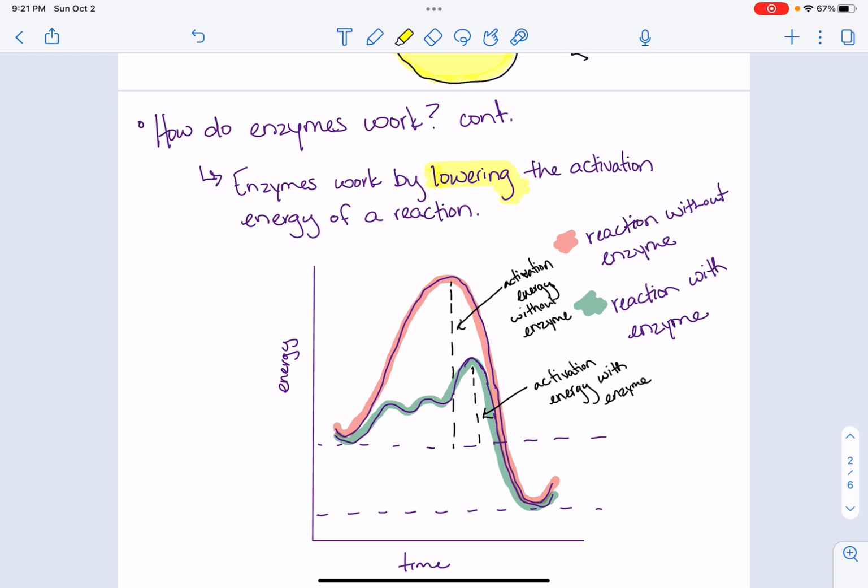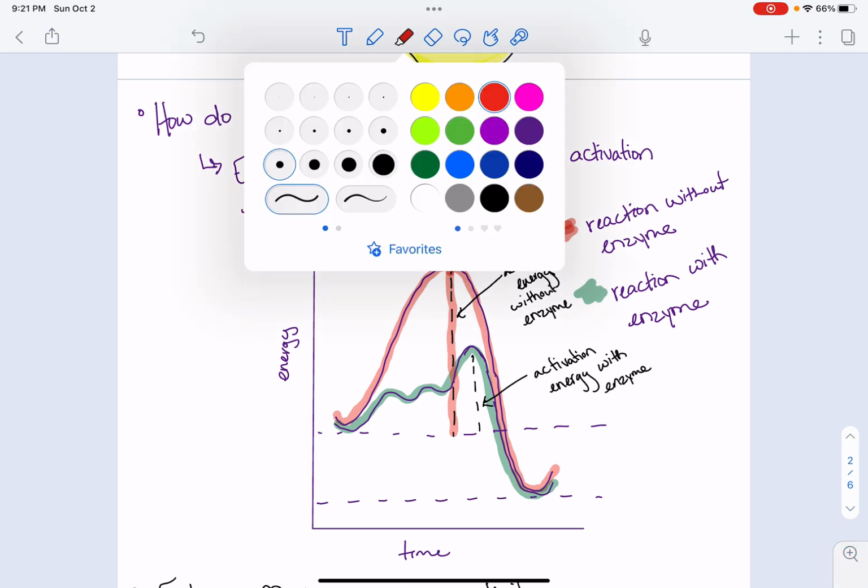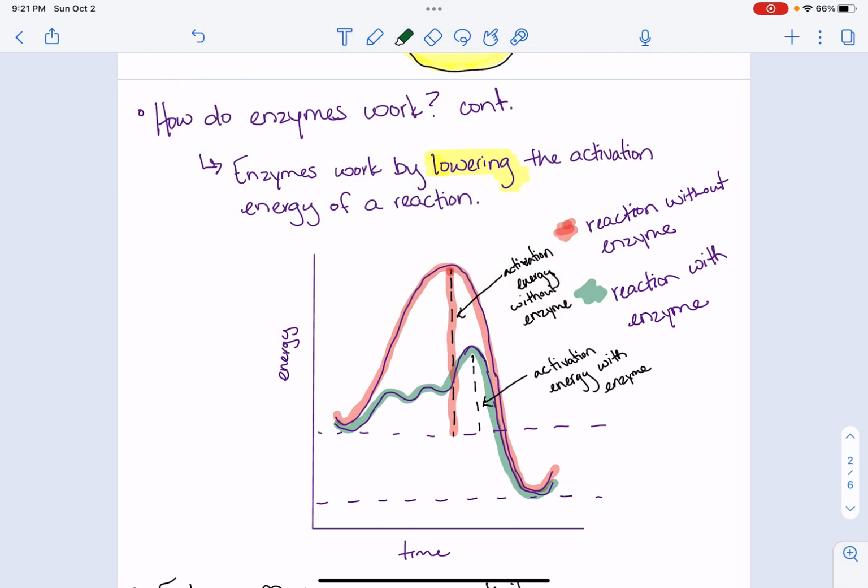Normally, if you look at this graph, the red curve represents a reaction without an enzyme. So without an enzyme, the activation energy, like this right here, is really high. But what an enzyme does is it lowers the activation energy. So that's essentially how it works.